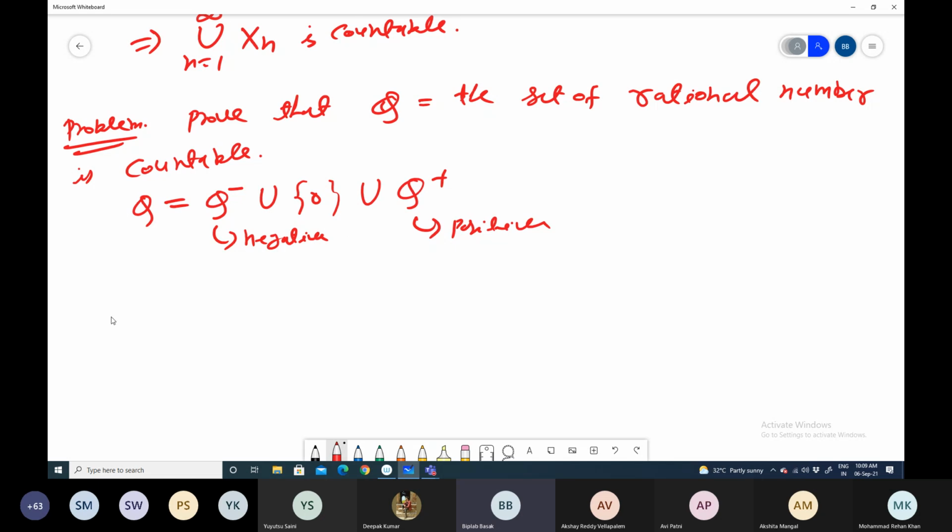Now, how to list the elements of Q plus?